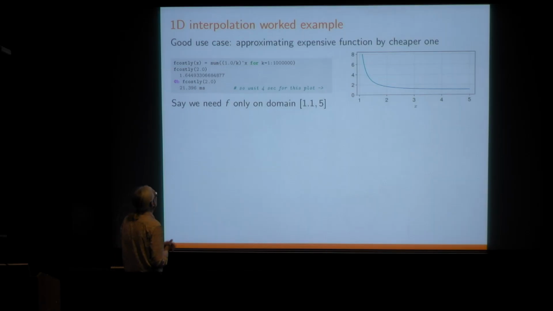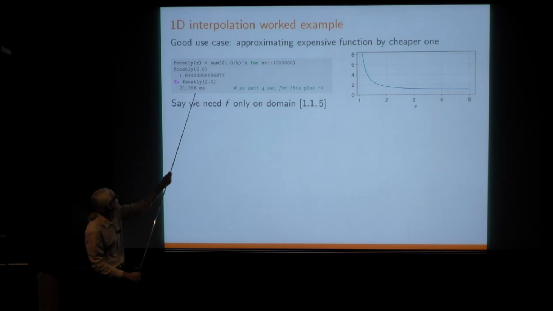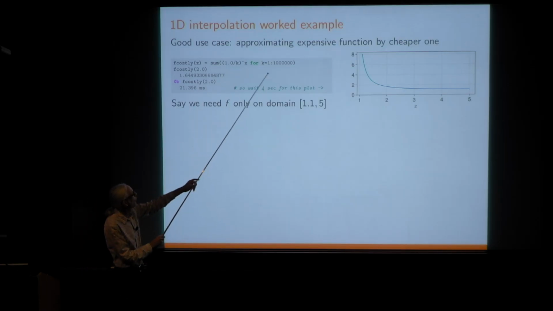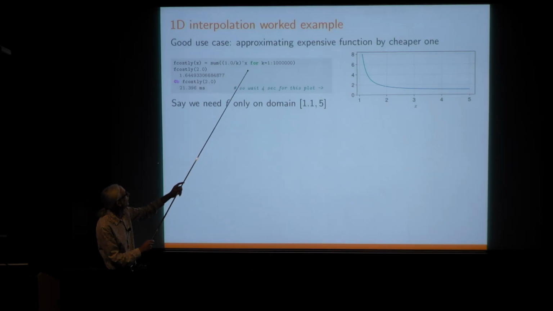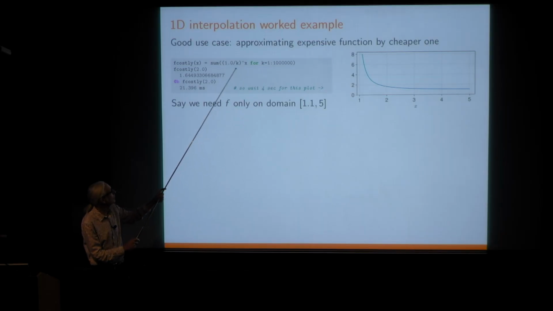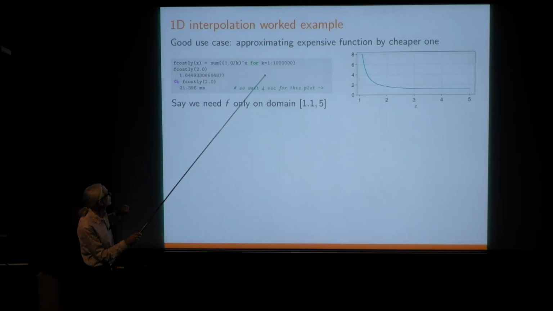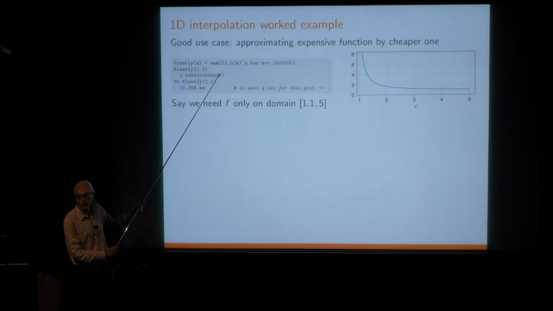So the costly function is this. It does a million operations, summing 1 over k to the power x, for k from 1 to a million. That can be any expensive function you like, but this is just for the demo. Let's check that it evaluates something.